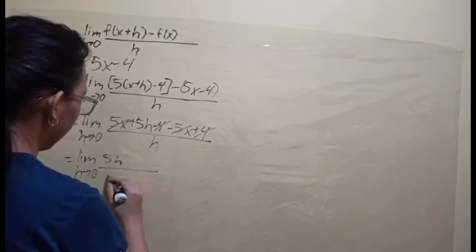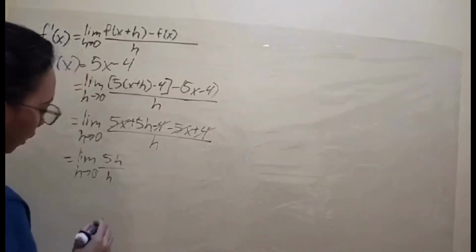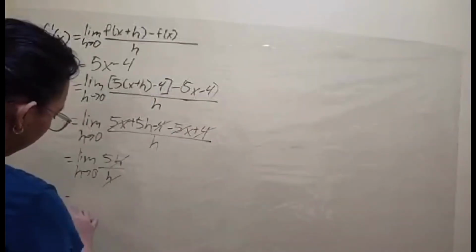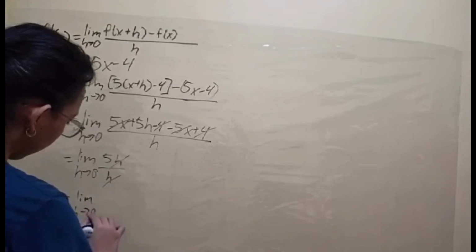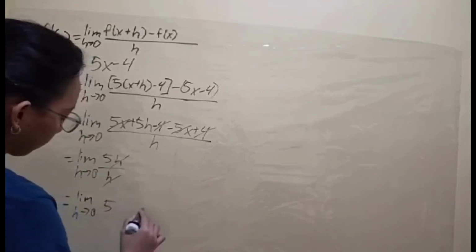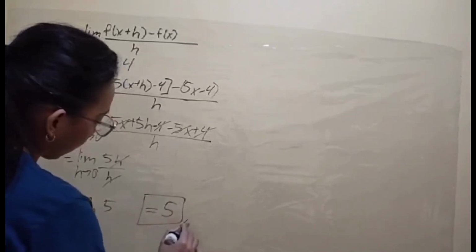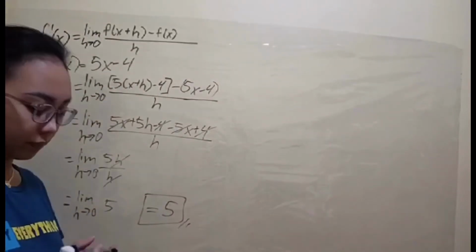Copy 5h over h, cancel the common factor, and the answer is 5. The derivative of 5x minus 4 is equal to 5.